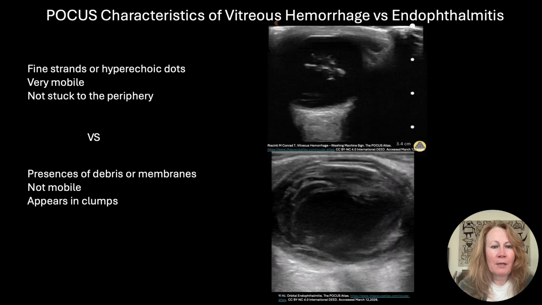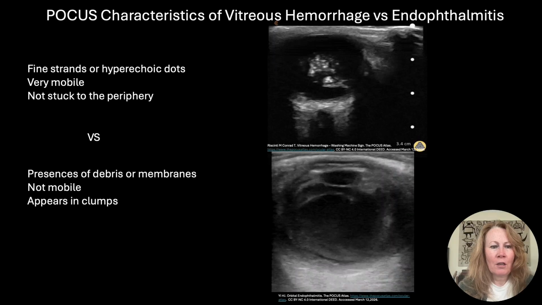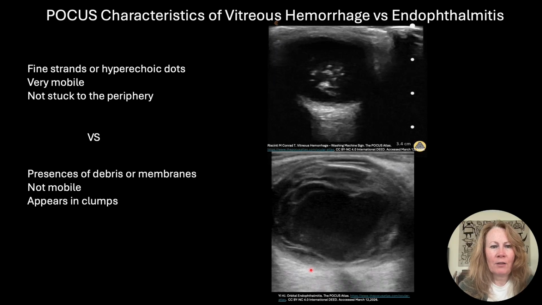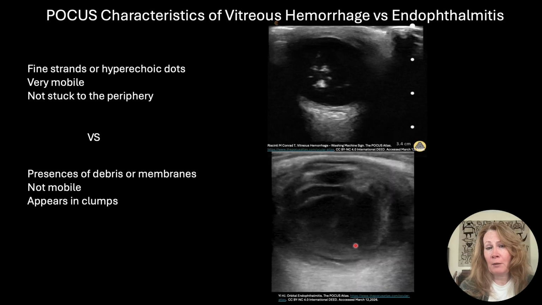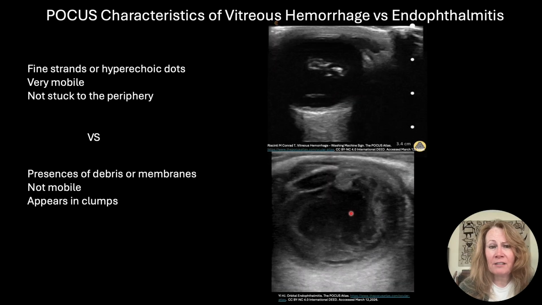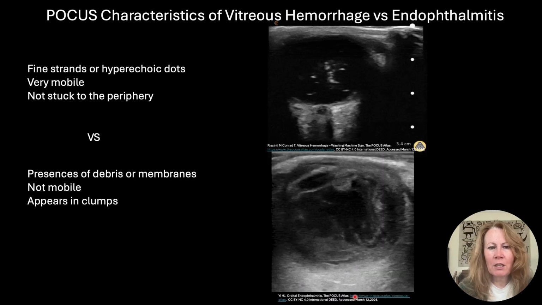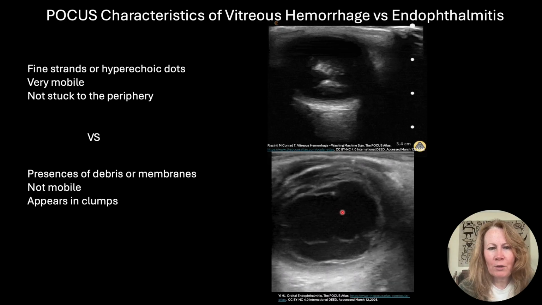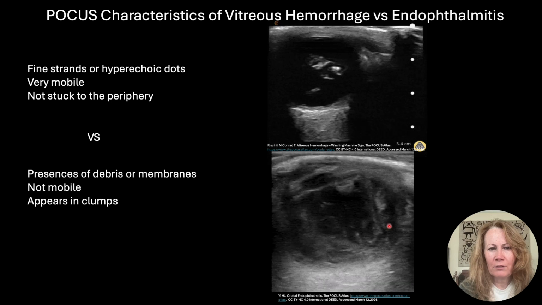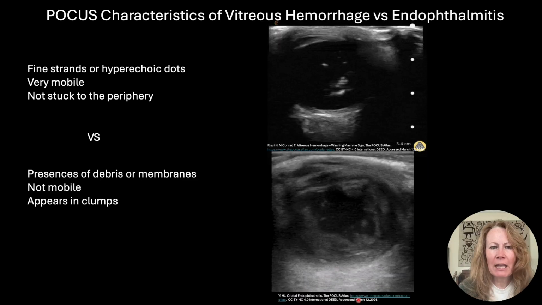Versus endophthalmitis, let me turn that video on for you, which is right here, we can see very clearly that the posterior eye, in comparison, is not anechoic. It's very hypoechoic. Even in the very center where there's less of the collection of infection, it's still gray. It's not completely anechoic, not completely black.